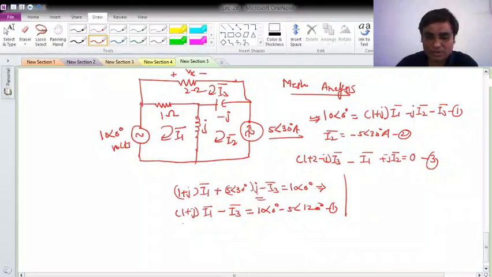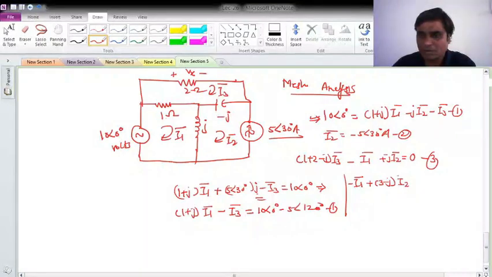Let us solve this: minus I1 phasor plus 3 minus j I3 phasor and j I2, so it is 5 angle 30 degrees, so that I will shift to the right side, it will become 5 with 120 degree.